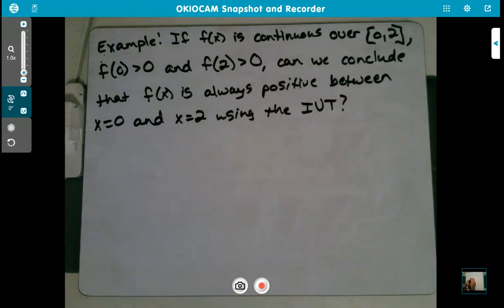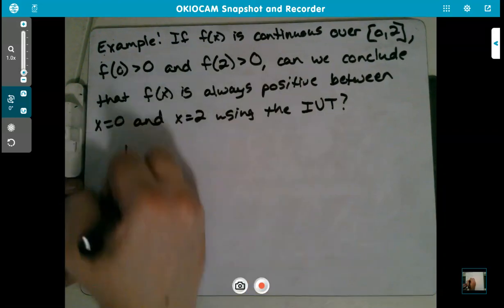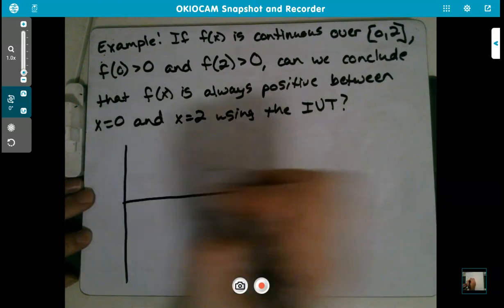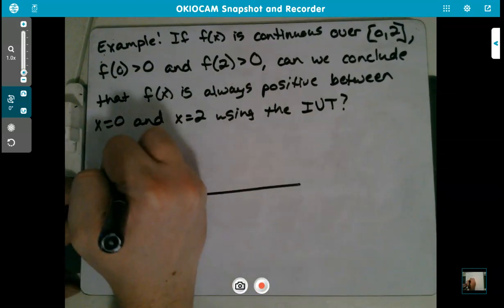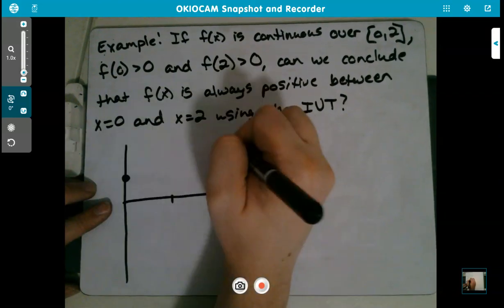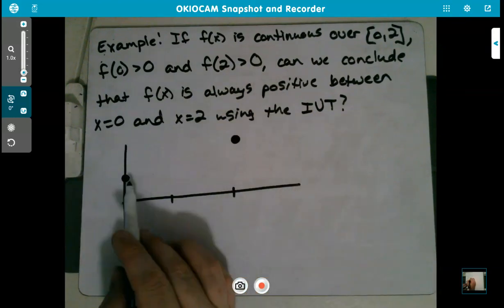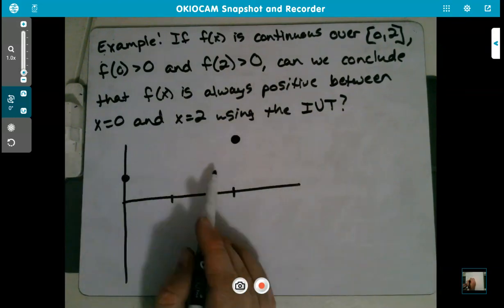So I want to know, can I use this rule we just wrote down to say that it always must be positive? So let's see what this says up here. This is saying f of 0 is positive, so it's somewhere up here, and f of 2 is also positive, it's somewhere up here. So let's think about if I can say it always must be positive.